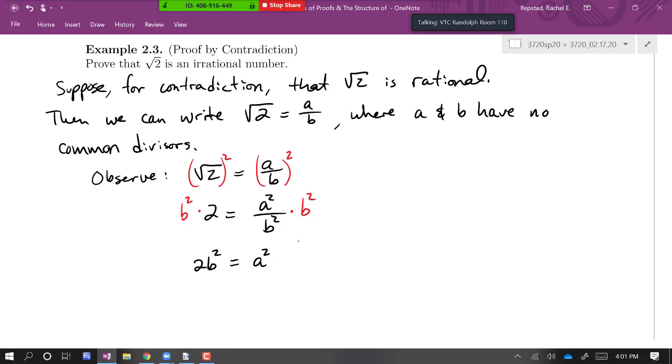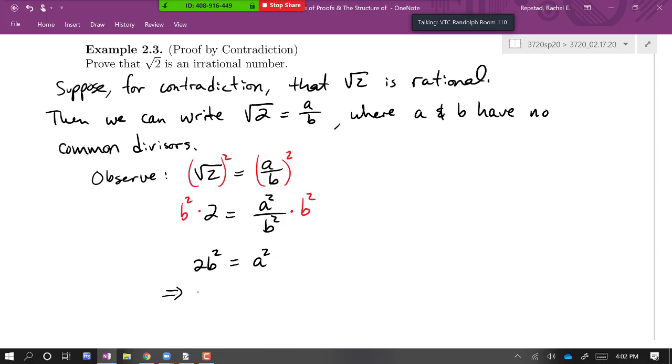a and b are integers. We know that. And a squared is 2 times b squared. Look at this equation that we've just written. What does that tell us about a squared? Twice as big as b squared. Okay. Let's focus on the twice part. What kind of number is a squared?